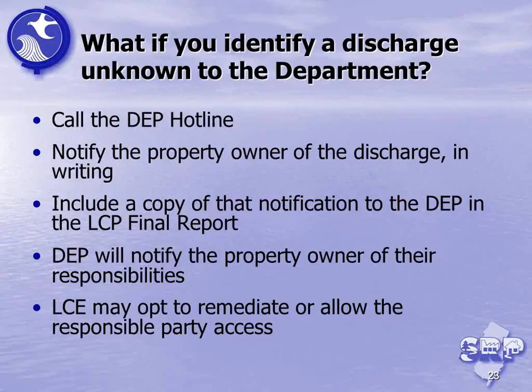I'm sure there's going to be a lot of oohs and ahs about having to notify the property owner. This is where the lawyers will get involved from the LCE and the property owner, but rest assured the DEP said that if they do get notified, then they will follow up with the property owner with respect to their affirmative obligation to remediate. And then you would need to include a copy of that notification to the DEP in your final report and final report form.